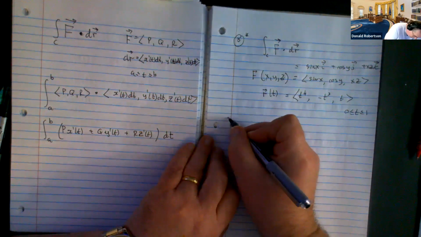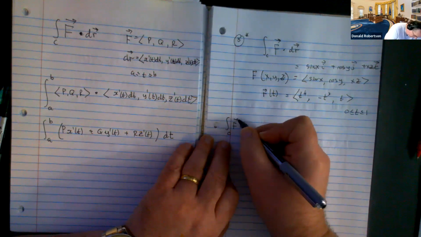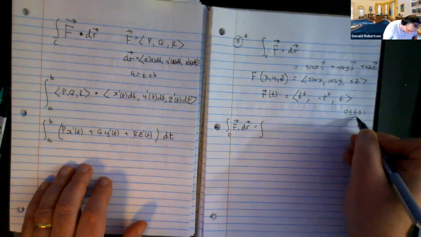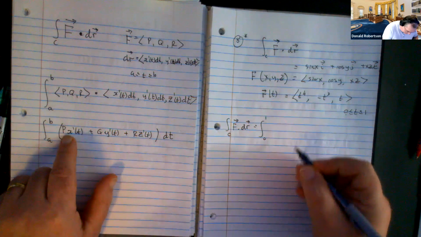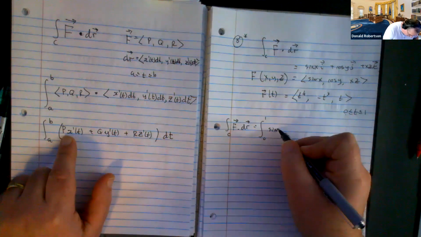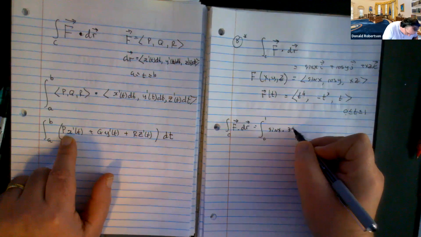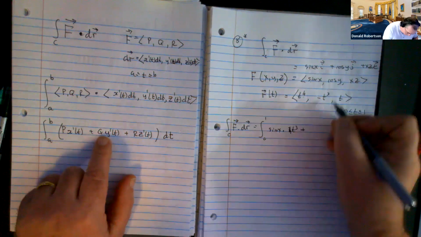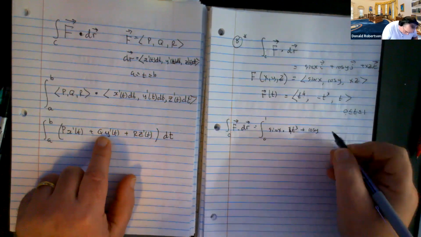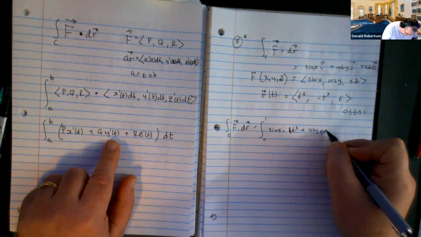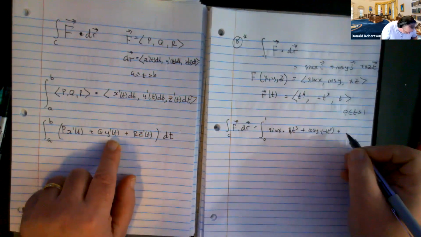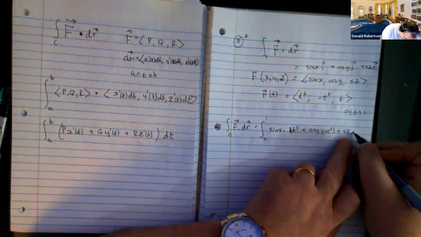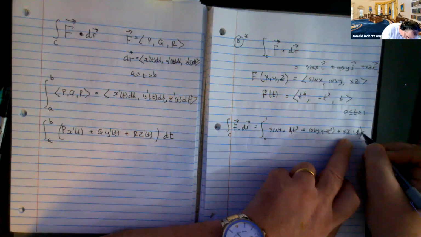So let's see what that would look like. Well, it's going to be the integral from 0 to 1. This function times that guy's derivative plus this function times that guy's derivative plus this function times that guy's derivative, dt.